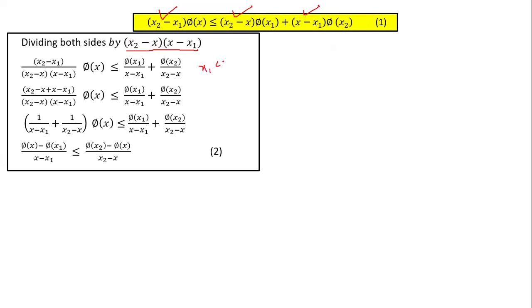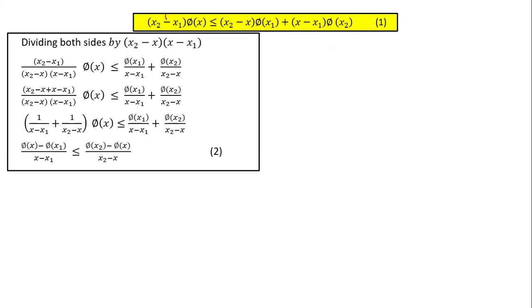Now you have to follow this relation and check x2 minus x. x2 is greater than x, so obviously this is positive. x minus x1, and x is greater than x1, so this is also positive. So positive into positive, the total number is positive. So obviously we can divide both sides of the inequality by this number, and the inequality will not change.